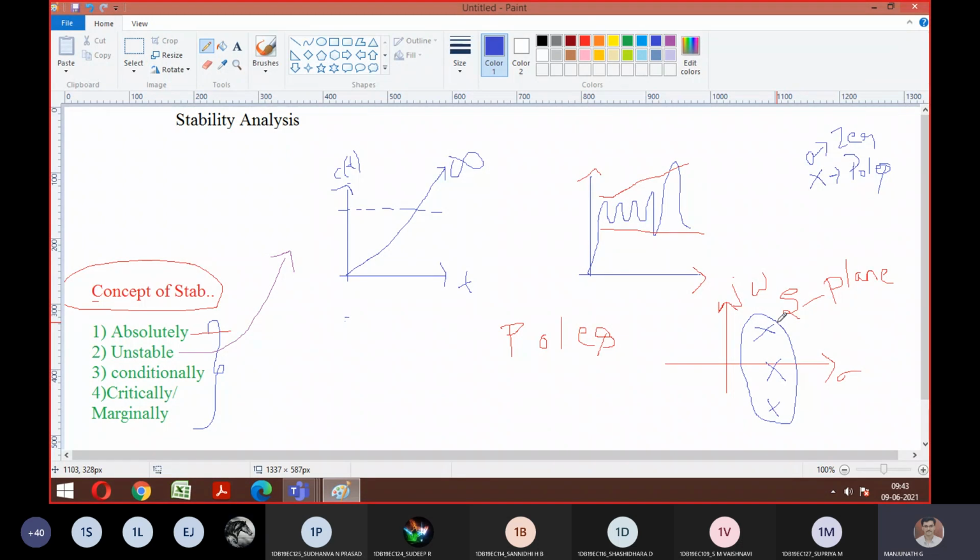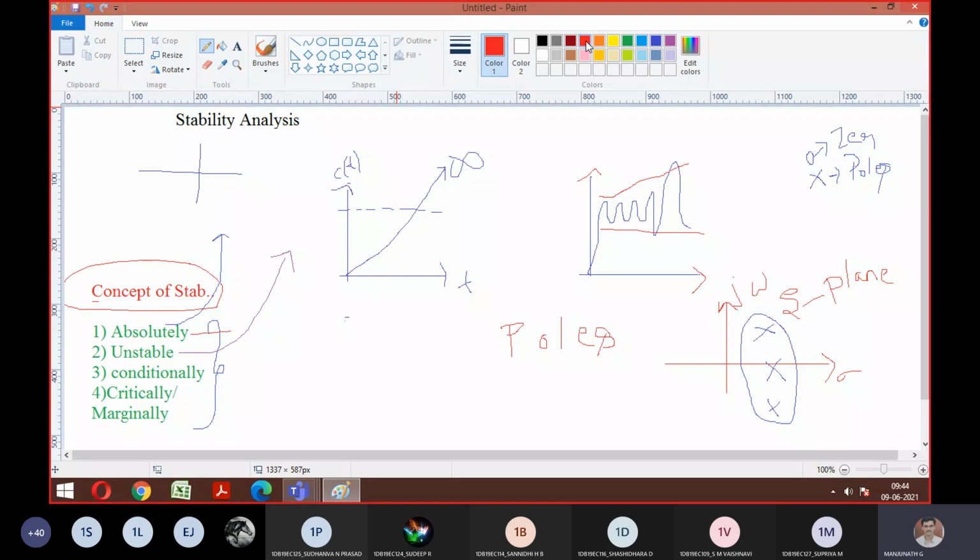Yes, sir. Since I told this S-plane, you can add the same, because I taught it at the end, since we got the definition of instability. In the same way with respect to absolute stable also, guys, just add the word: if your closed loop poles are real and negative.